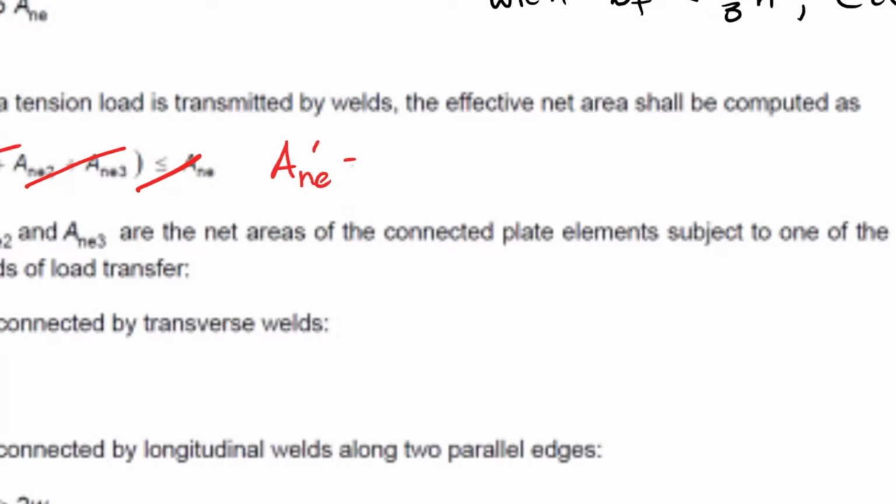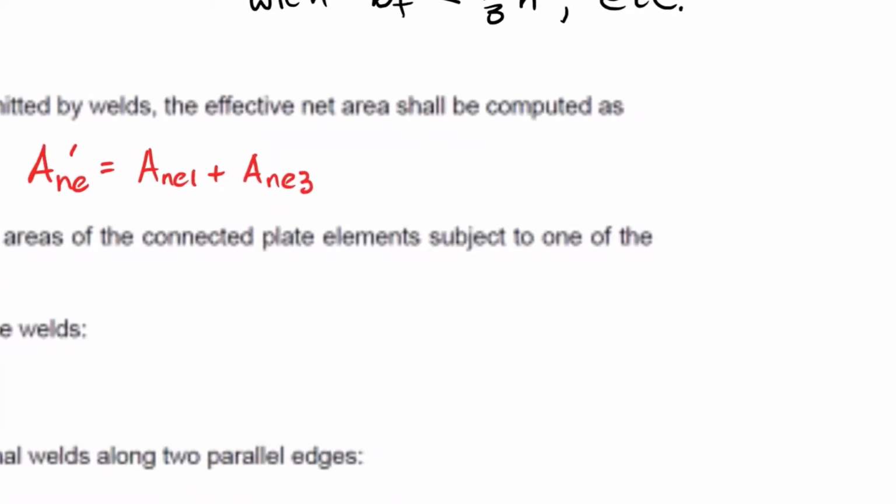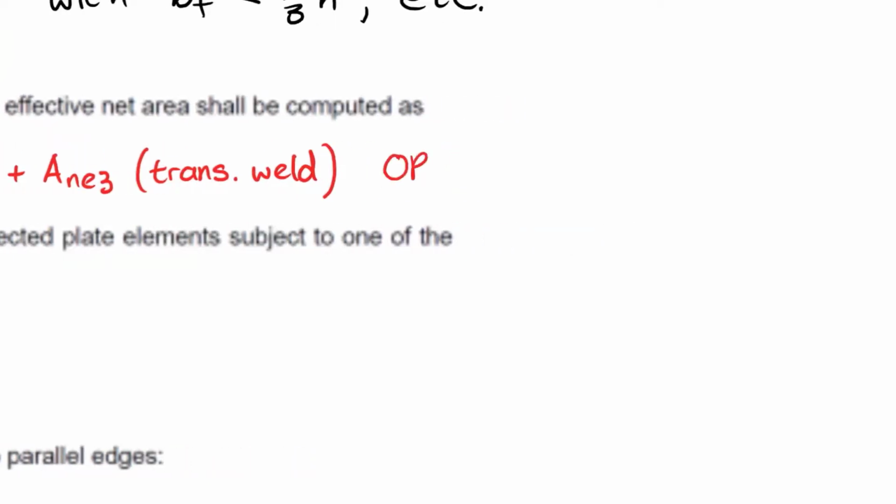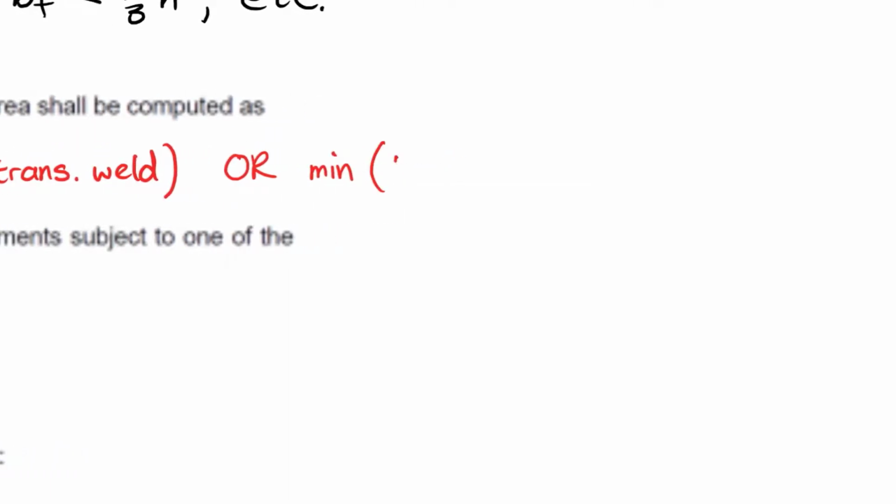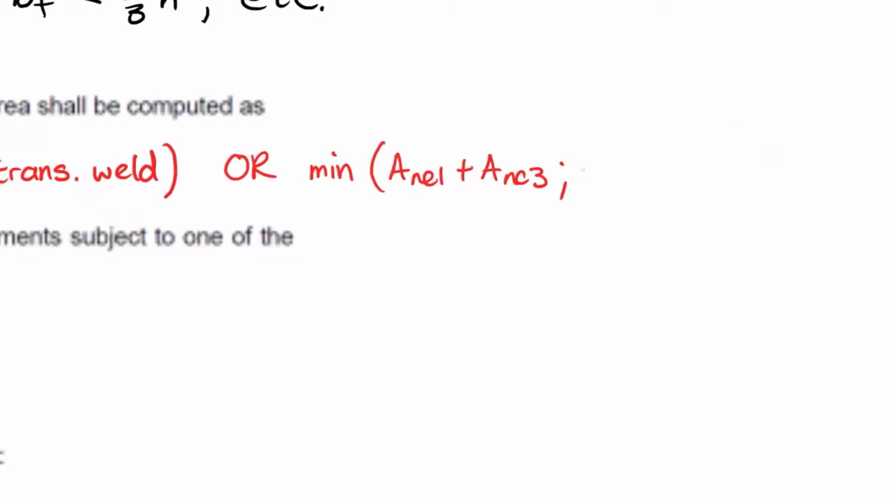So effective net area is ANE1 plus ANE3, and you'll see what ANE1 is, so it's two different areas, when there's a transverse weld, or the minimum of ANE1 plus ANE3, and then ANE2 plus ANE3.